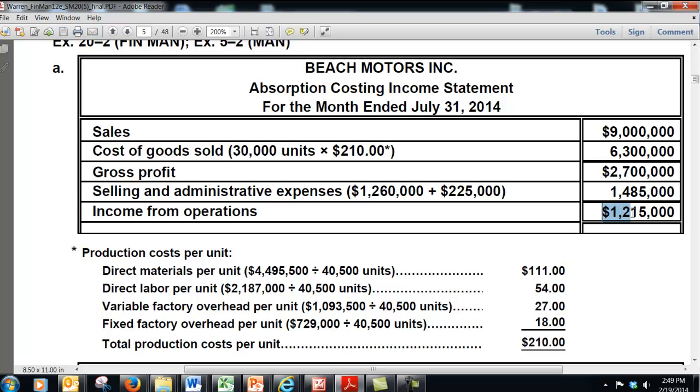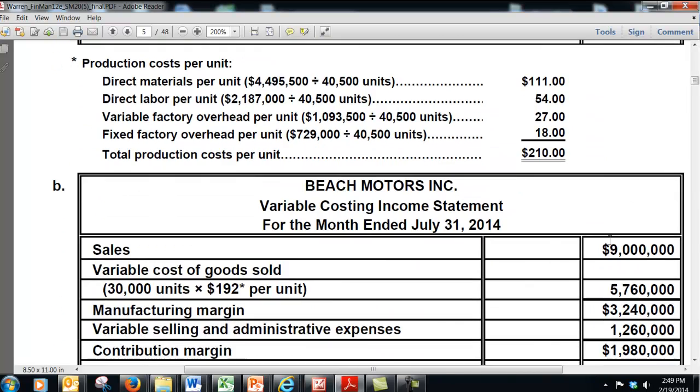The book tells us that, and it's just the way the math works out. So if I look at this $1,215,000, and I know it has got to be $189,000 greater than the variable costing method, all I need to do is take this number minus 189,000, and I'll get $1,026,000. So let's go down here and see what we end up getting.